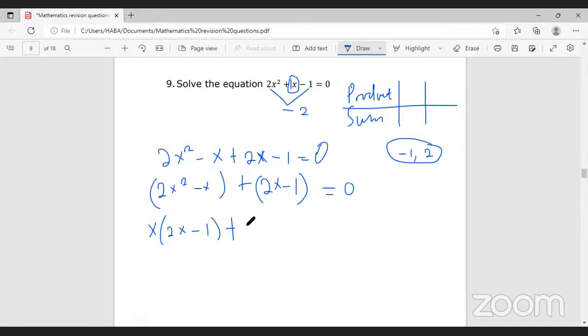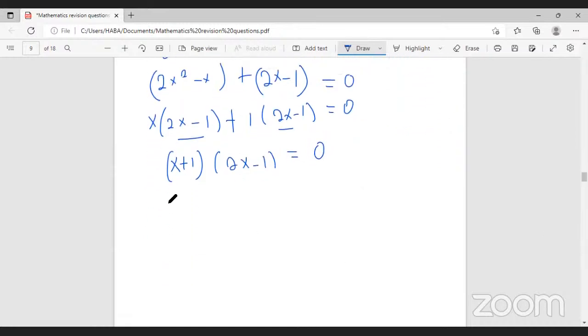It's 1. So 1 times 2x minus 1 is equal to 0. So now this is also common, so we shall write it once. Then we write x plus 1 into 2x minus 1, and we equate this to 0.